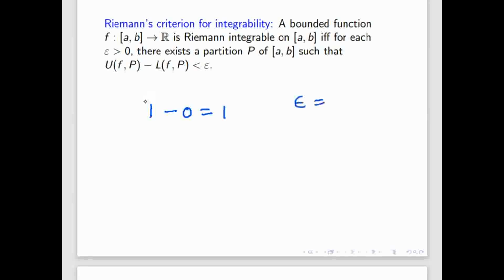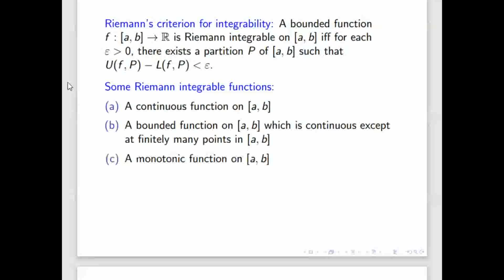So if we apply this definition to the previous example and choose epsilon equal to half, the difference is not less than half, whatever partition you choose, it will always be 1. So by this definition also we can say that the function is not Riemann integrable. So we have to check that the difference is less than epsilon for every positive epsilon. If there exists at least one epsilon for which this property is not valid, then you will say that it is not Riemann integrable.